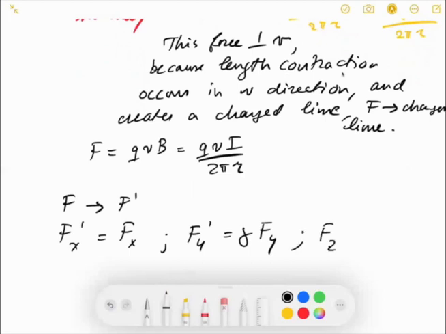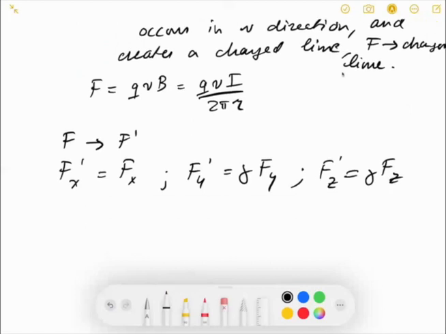Your Fz prime is gamma times Fz, and that is because your 4-vector for the force is gamma v dot f and gamma f. All right, so the force in the direction of v does not get changed, but the ones that are not in the direction of v do get changed.